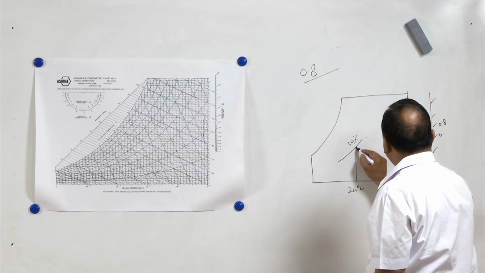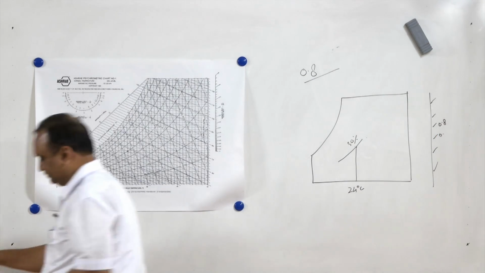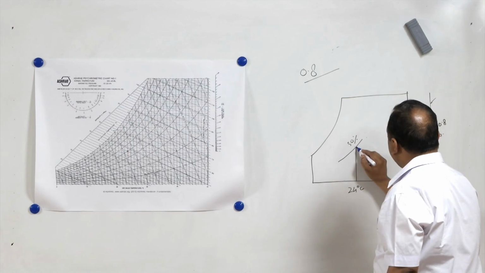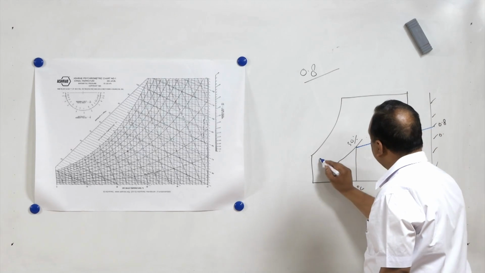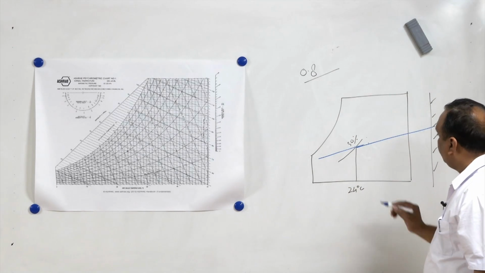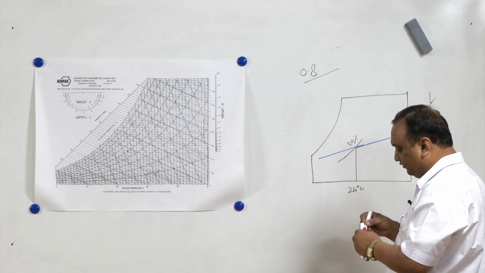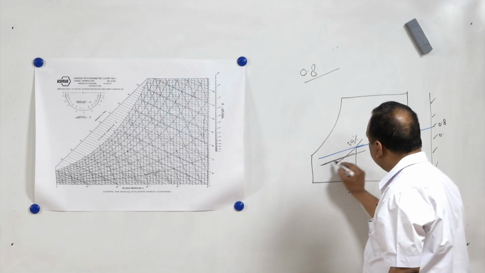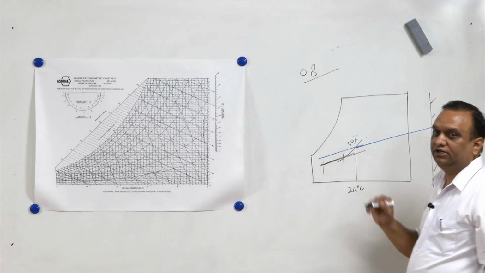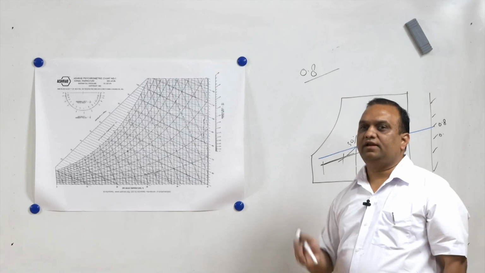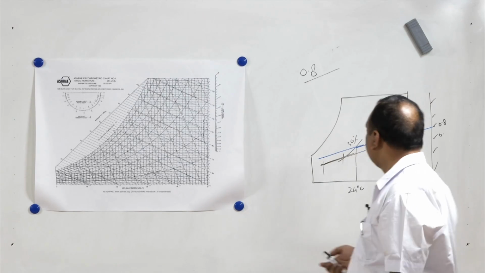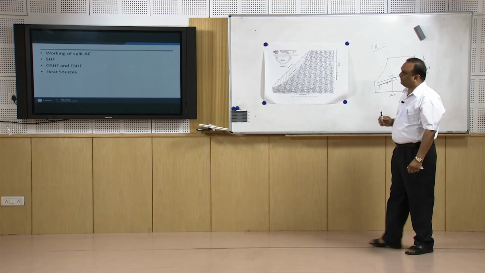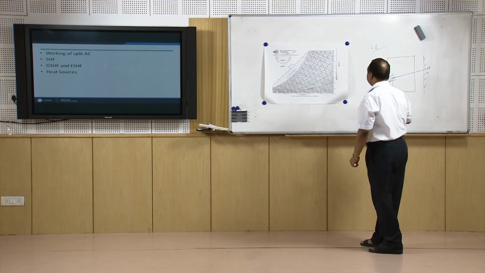If I want a sensible heat factor line of 0.8, I will pick the mark corresponding to 0.8 and join it with this ideal condition. This is the sensible heat factor line. Suppose my load point is here. I will simply draw a line parallel to this and this will give me the load line. The same thing I showed you in the case of a split AC. So, when there is a load in the room and we transform the processes on a psychometric chart, these sensible heat factor lines are very helpful.